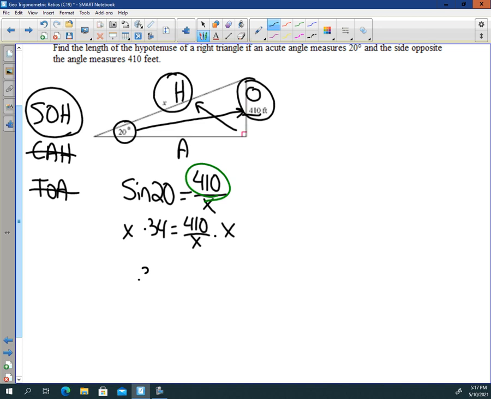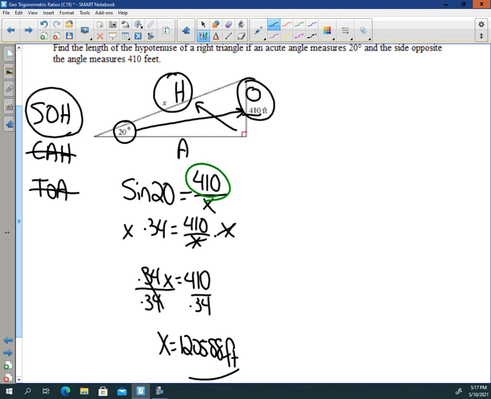I have 0.34x equals, these cancel, so I get 410. Now dividing both sides by 0.34 gives me x equals 410 divided by 0.34, which is 1205.88. Ugh, that is much better. And that is feet. And there you go.